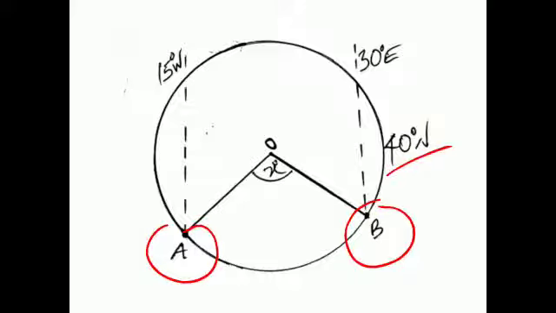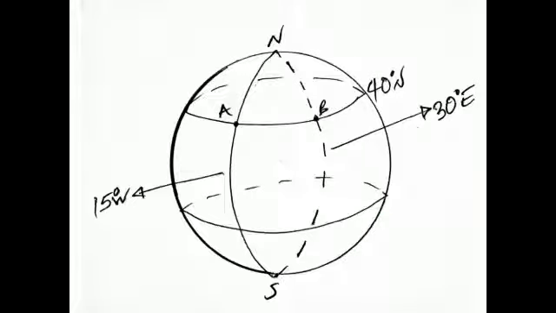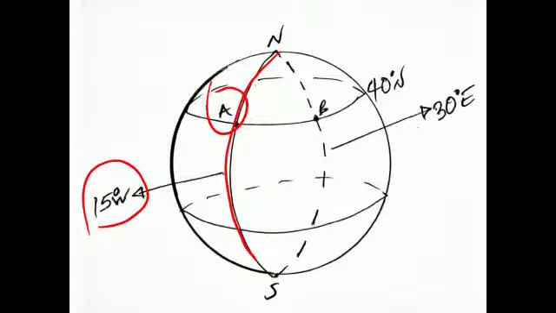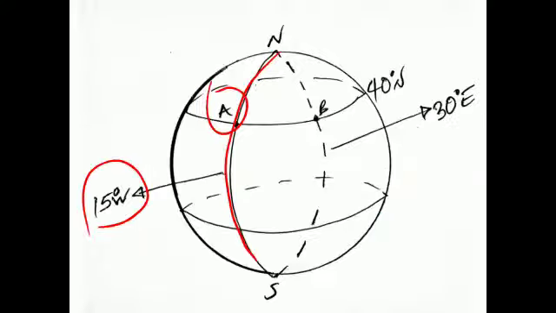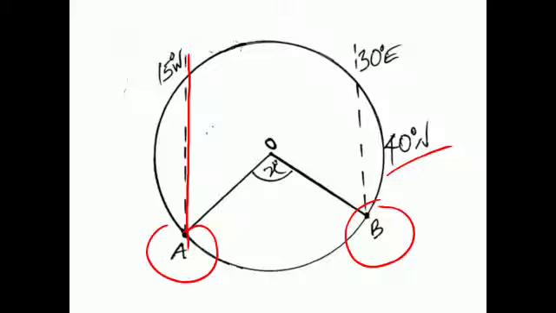According to this diagram, A is lying on the longitude 15 degrees west. Same applies here, it's 15 degrees west. And the other one is lying on 30 degrees east. Even on this other diagram, it's still 30 degrees east, right there.